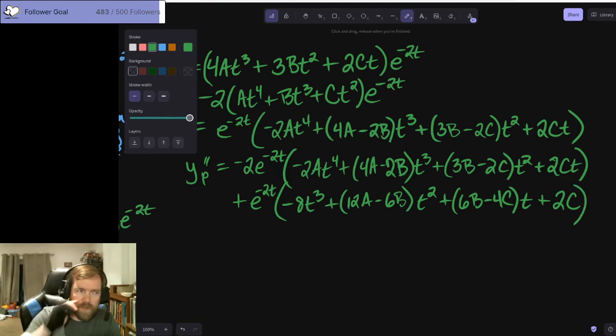This actually does look a lot better because now we're getting something that has a constant term in it at the end. So when we've taken two derivatives, now we get something that has a constant term times e to the negative 2t.